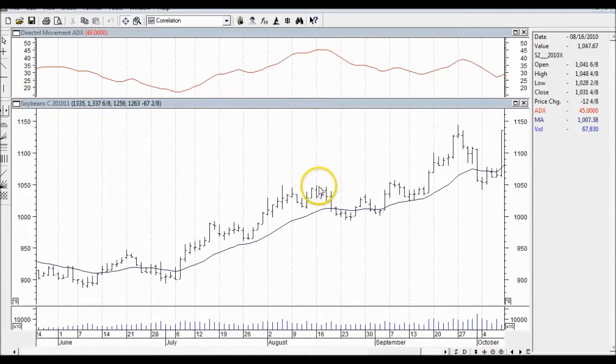At this peak here, the ADX reading is 45. It pulls back to the 20-day EMA and then closes below that, and we don't get a buy signal until this bar here. So we've closed below the 20-day EMA. That's not totally ideal, but if the trend is viewed as fairly strong, then you'll look for an entry here.